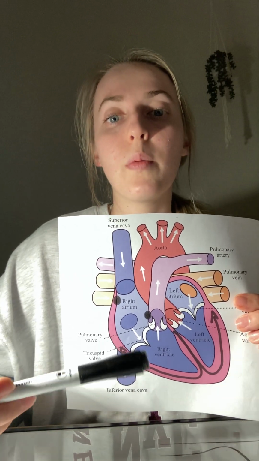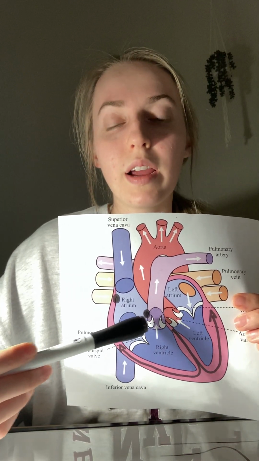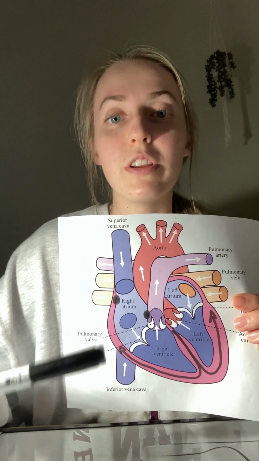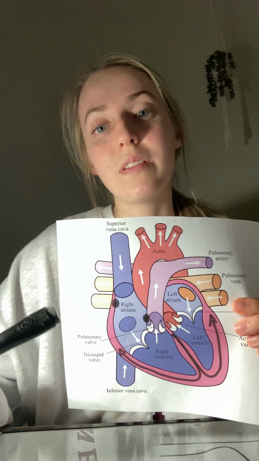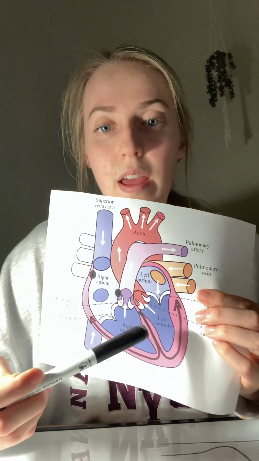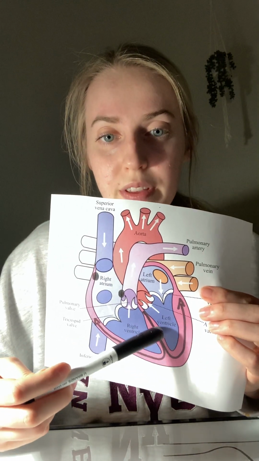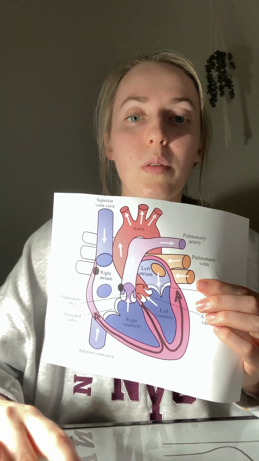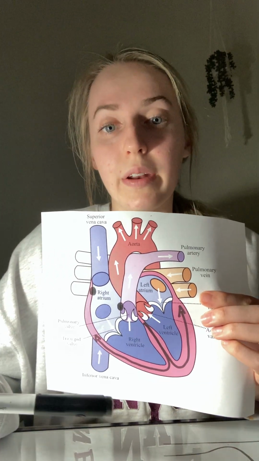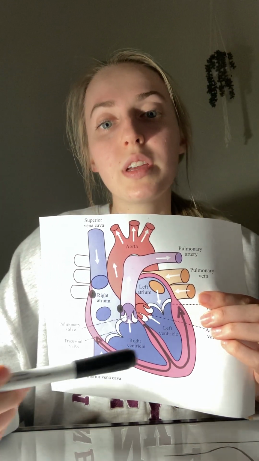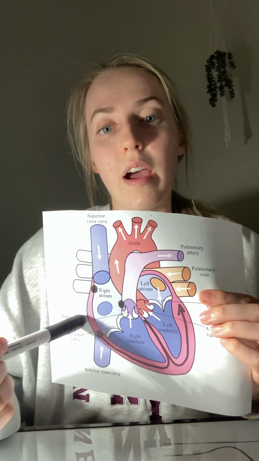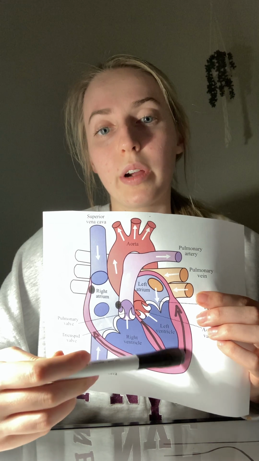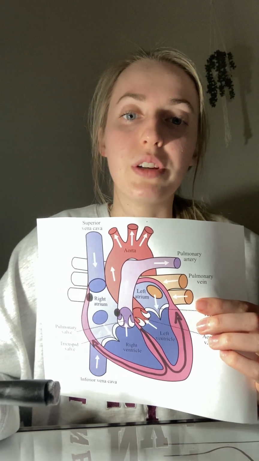And then we have our AV node, and that is also called our atrioventricular node because it lies between the atriums and the ventricles. And then this black line I drew down the septum, that's also called our left and right bundle branches. And then the little arrows I have drawn going around the heart are Purkinje fibers.